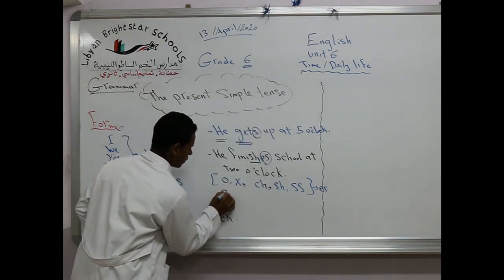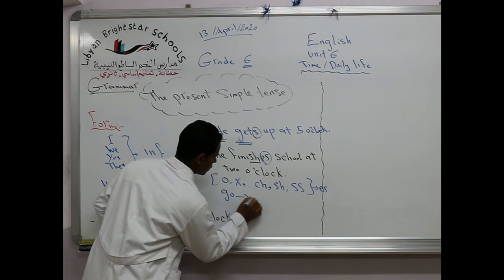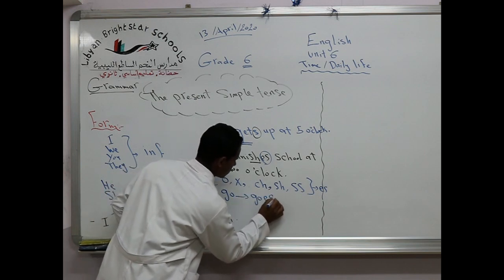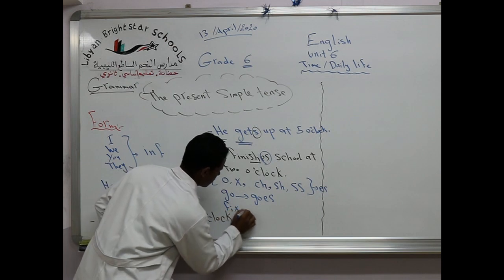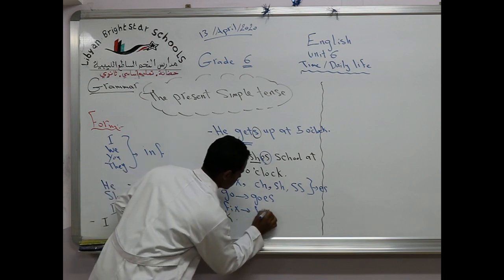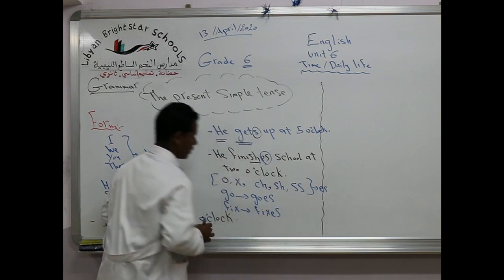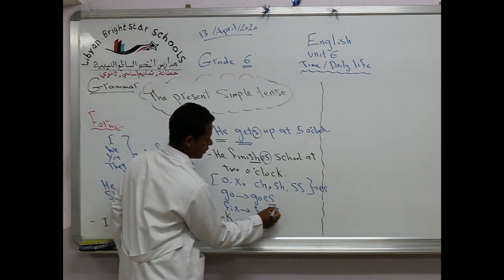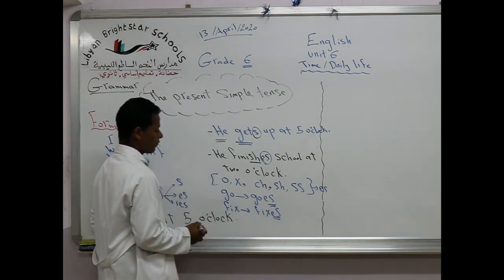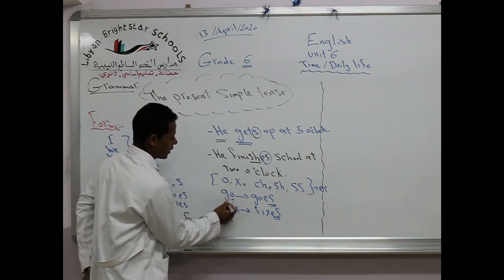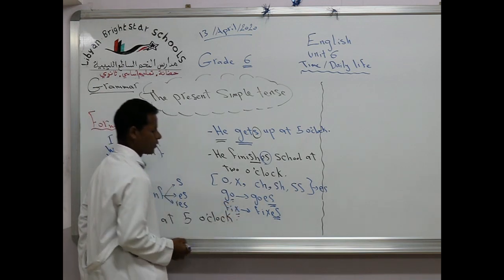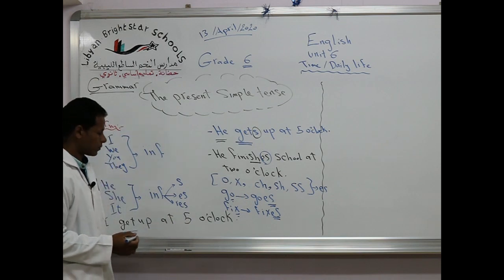For example, go, goes, fix, fixes. Here we add es because the verb in the infinitive ends with the letter o and the letter x.